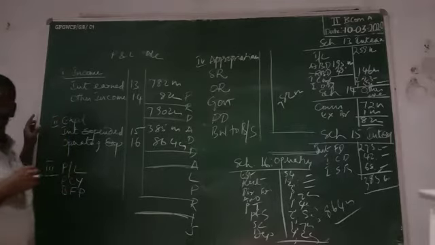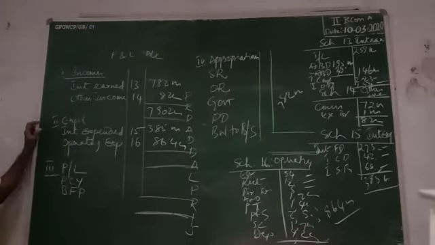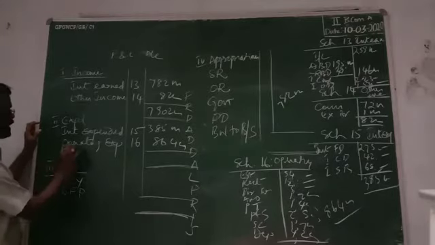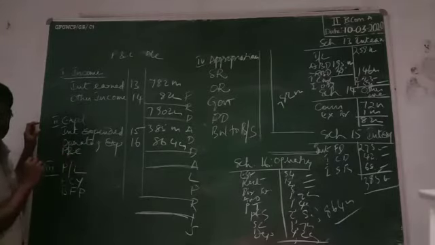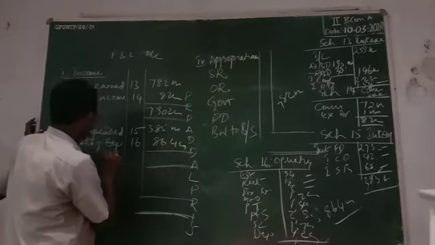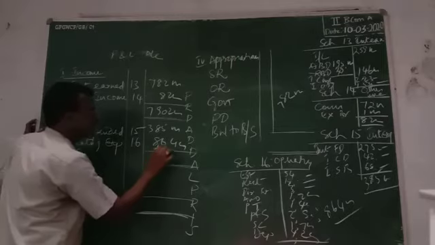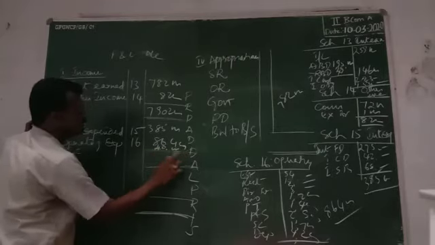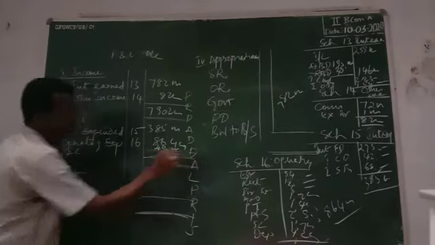Now we should provide for doubtful debts. How much? Rupees 40,000. Provisions and contingencies 40,000.